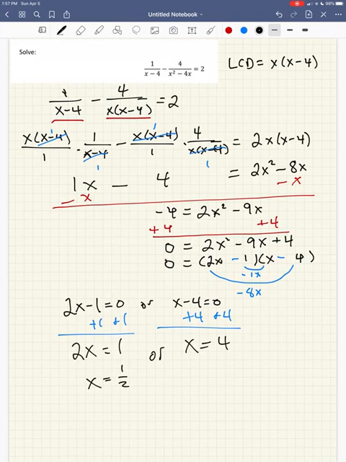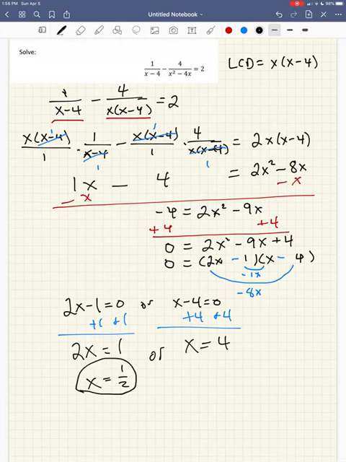Well, whatever that is, it's not 0, so that's okay. And if I put it into the second denominator, I get a half times a half minus 4. Well, again, I don't know what a half minus 4 is, but a half times something that's not 0 is not going to be 0. So if I plug in a half, I don't get 0 out in any of the denominators. So that means that's probably one of my solutions.